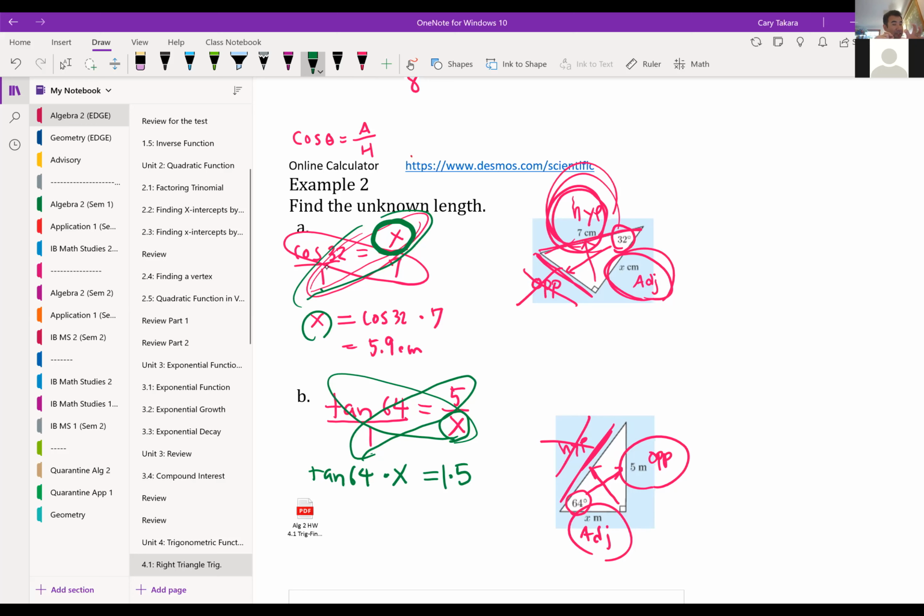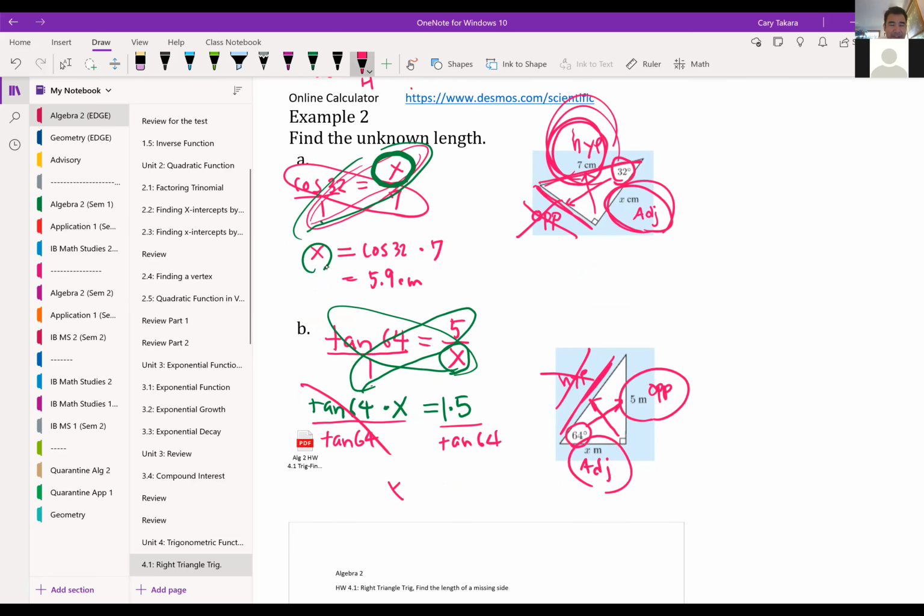Well, it's tangent of 64 times x, so in order to get rid of that, let's divide both sides by tangent of 64. That means tangent of 64 and tangent of 64 cancel out. So we've got x equals 5 divided by tangent of 64, whatever that is.